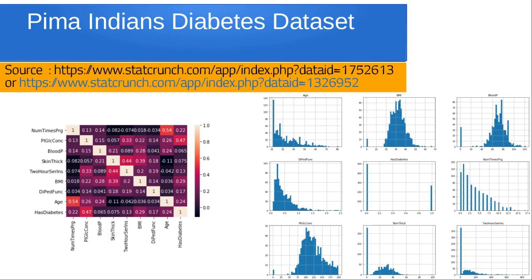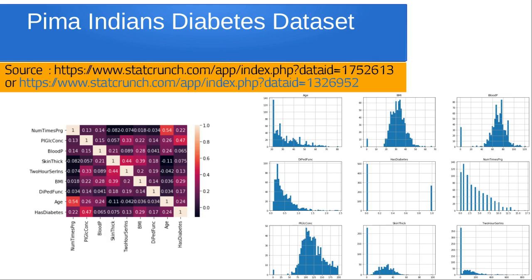Number of times pregnant, plasma glucose concentration in 2 hours in an oral glucose tolerance test, diastolic blood pressure, triceps skin fold thickness, 2-hour serum insulin, body mass index, diabetes pedigree function, age, and outcome, the class variable, which is measured in values of 0 or 1, where 268 of 768 are having value 1 and the others are having value 0.